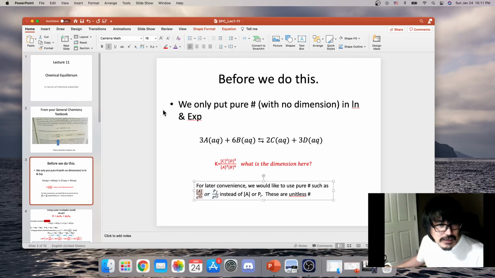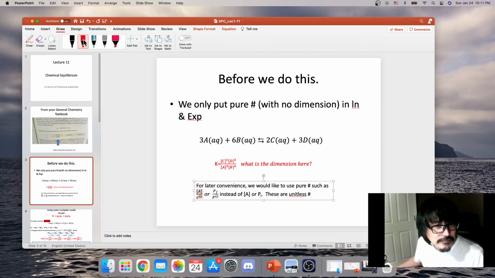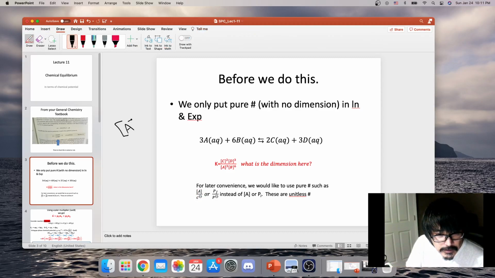Let me just try to write out the unit here. For example, if I'm looking at the concentration of A to be 2 molar, then the number of moles divided by liter, that's the unit for this guy right here. But what's the unit for this guy right here?